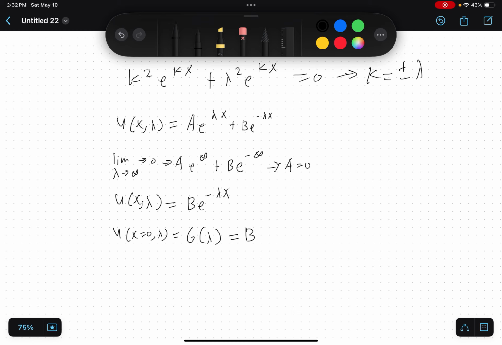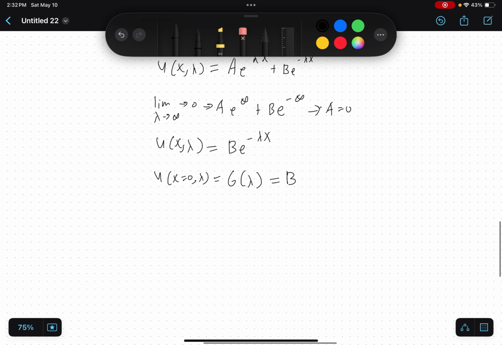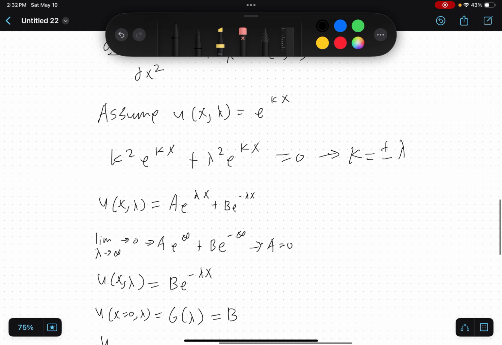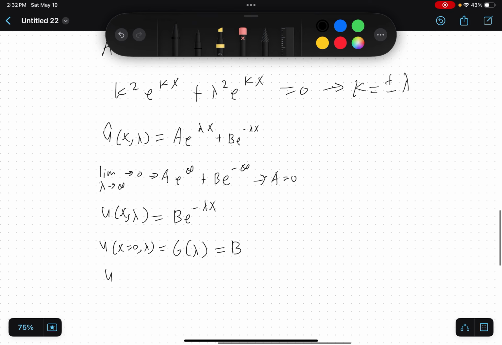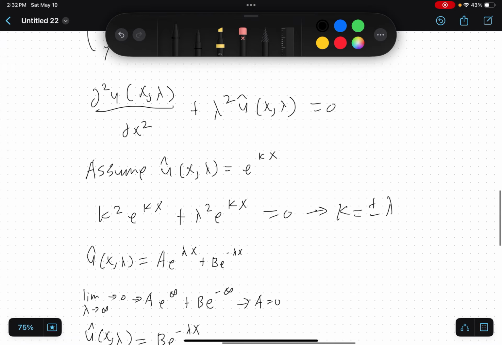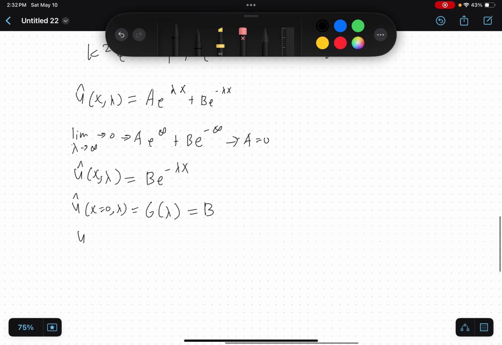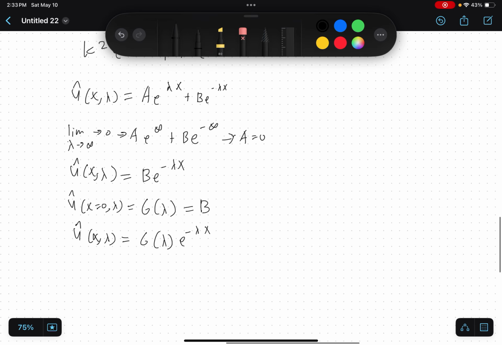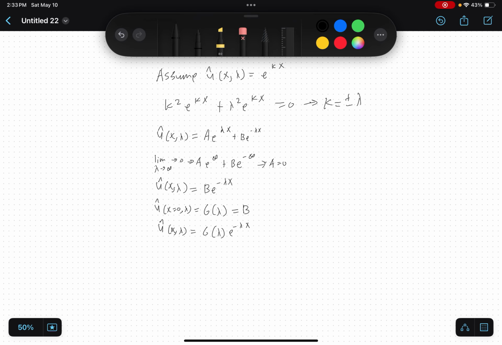Is that right? Yeah, that is literally it. So our final form, these are all hats, by the way. Yeah, okay. Cool. That's our final form.